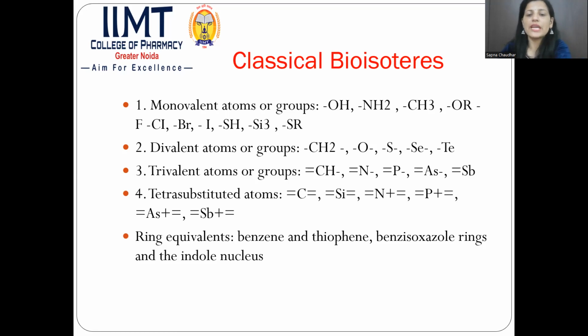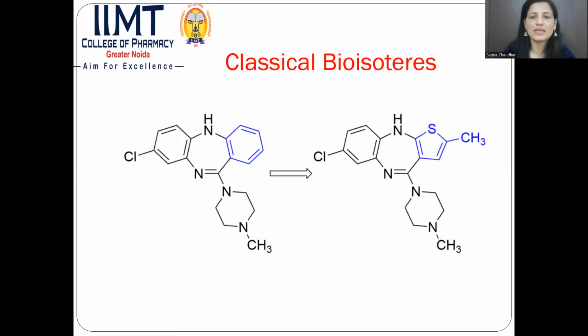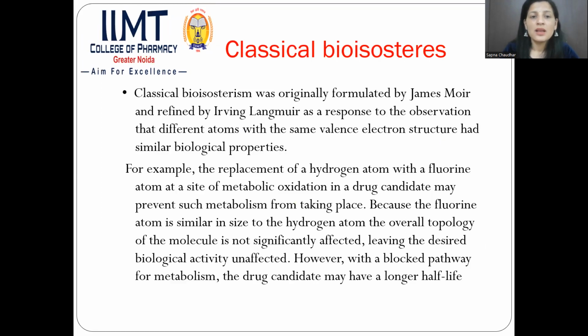In case of ring equivalent bioisosters, the benzene or thiophene ring, benzoxazole ring, and indole nucleus are a few examples. Here a benzene ring is replaced by a thiophene ring. This is an example of a classical, ring equivalent bioisoster.